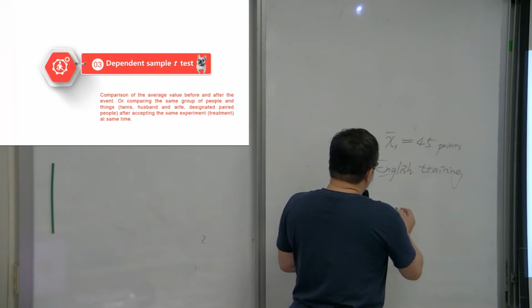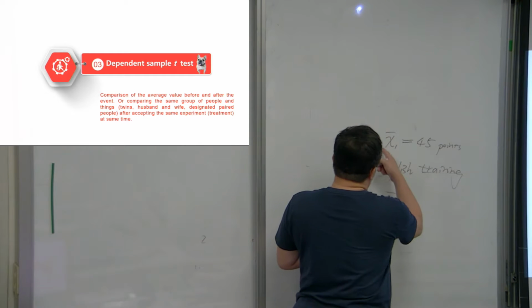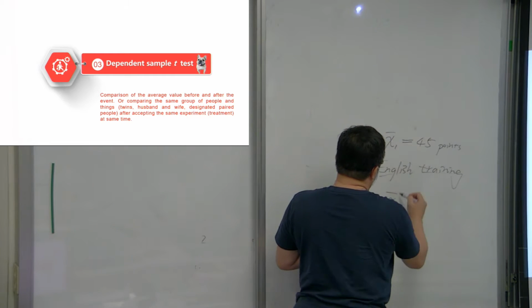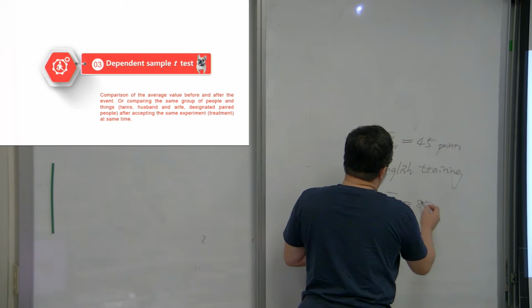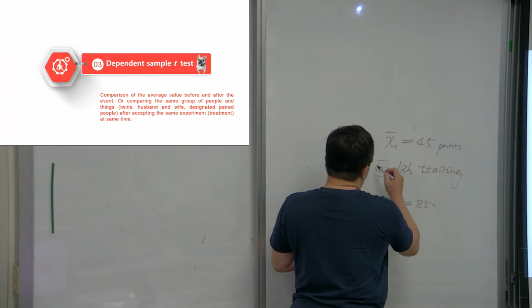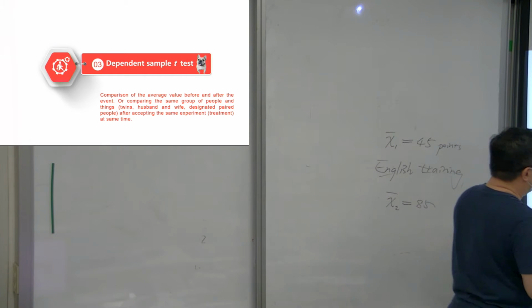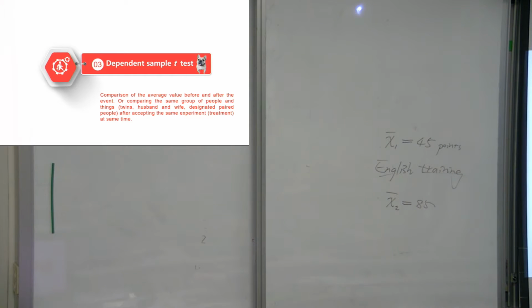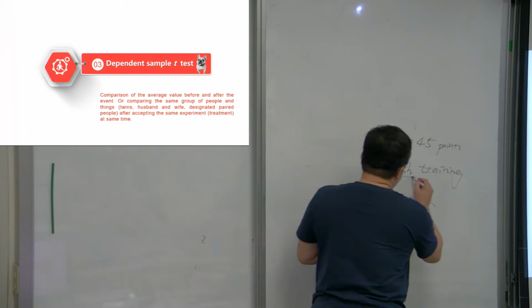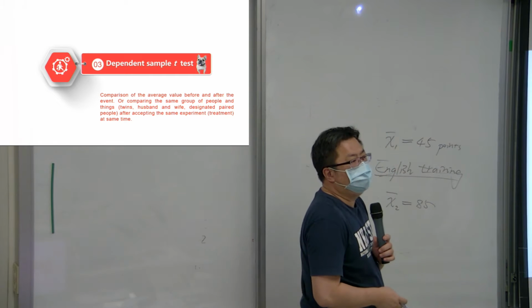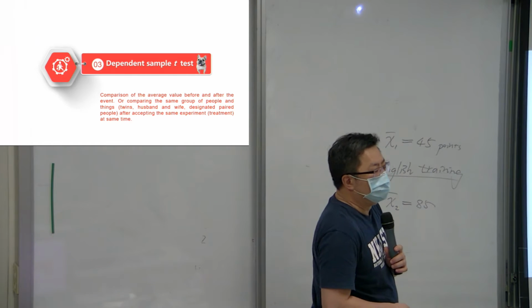Then your score rises from 45 to maybe 85. So before and after one kind of event. What is the event? English training.